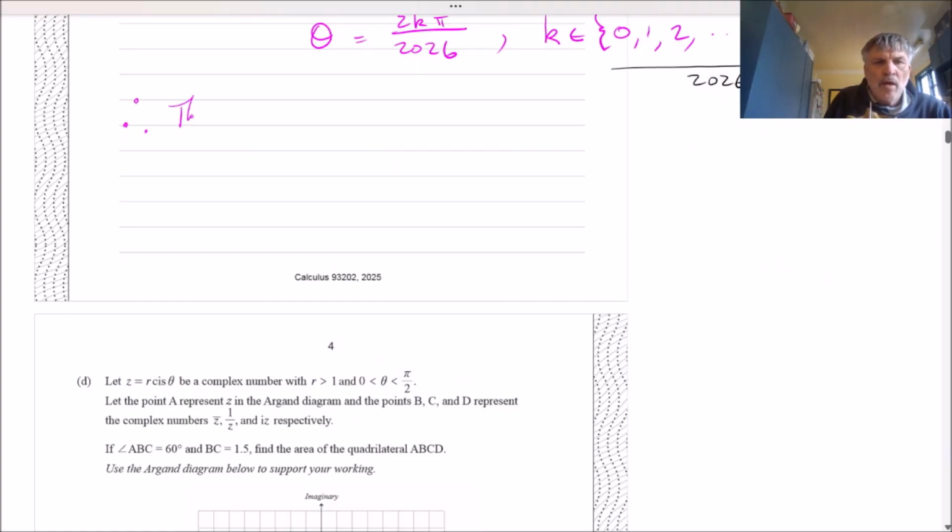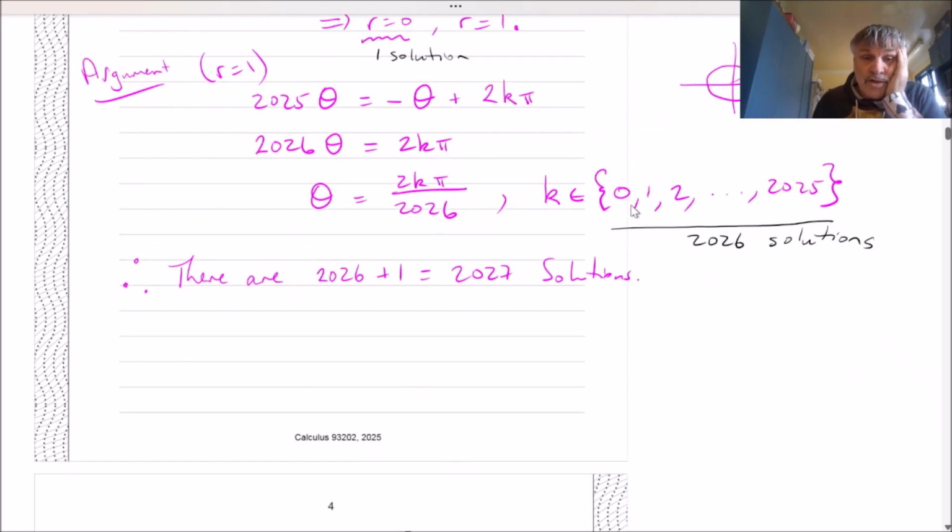So overall, therefore, there are 2026 plus 1, which is 2027 solutions. In fact, we've done better than that because we've actually found the solutions.